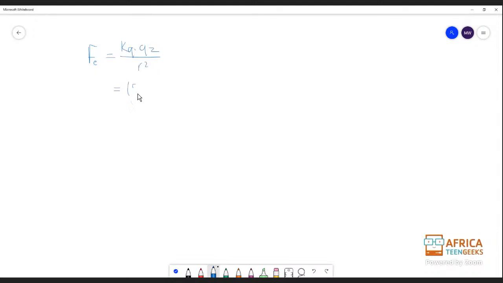K is your constant, which is 9 times 10 to the 9. Your first charge was 6 times 10 to the negative 6. And my other one was 8 times 10 to the negative 6. And the distance between them was 0.2 meters. So we're going to square that. And if you plug this into your calculator, you should get a value of 10.8 newtons.